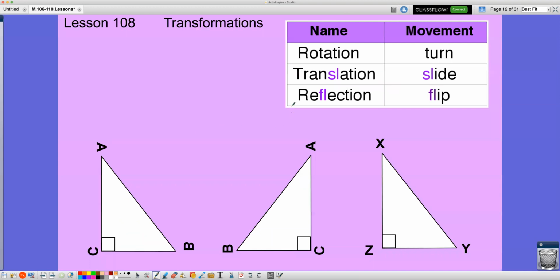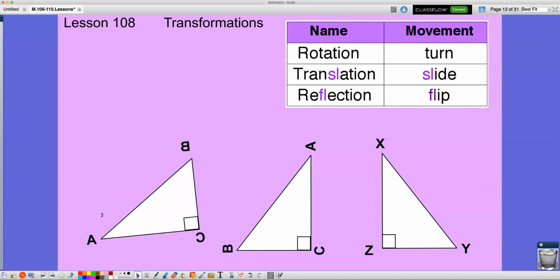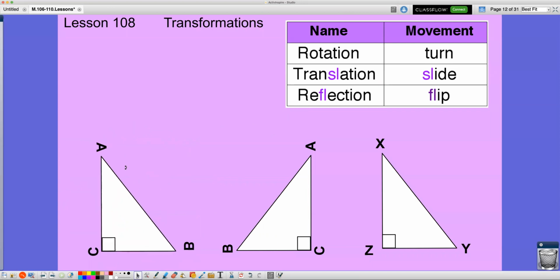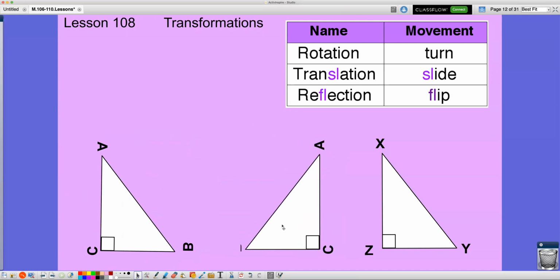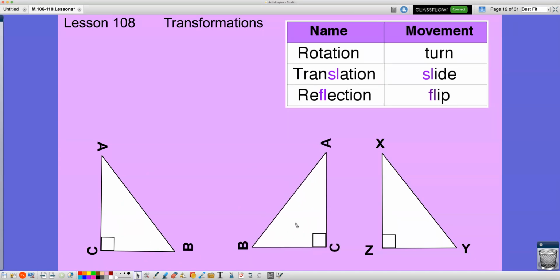So here these are again. You have rotation, where you just turn an object. So if you were to turn this object, you would be rotating it. We also have translation, which is simply sliding an object. So if we were to take this triangle and slide it around, that's a translation, sliding it.